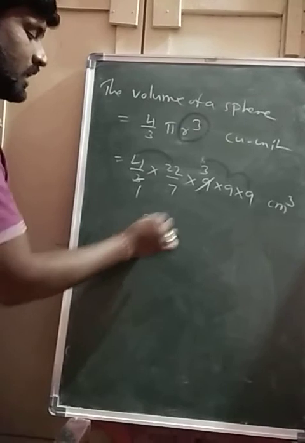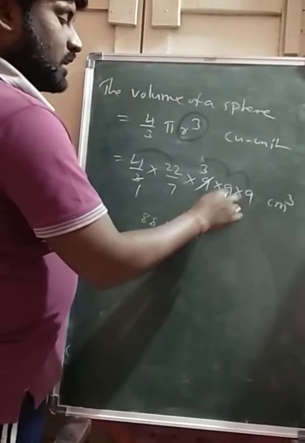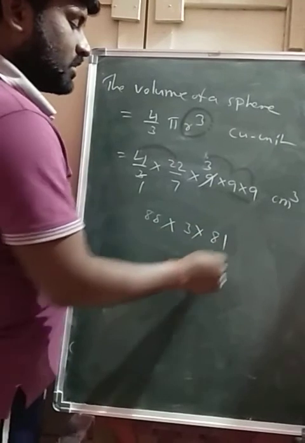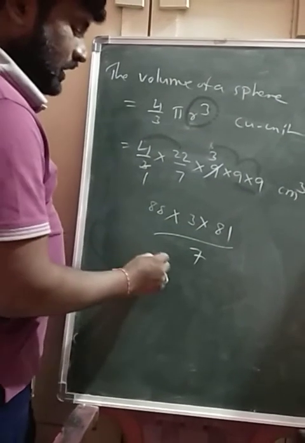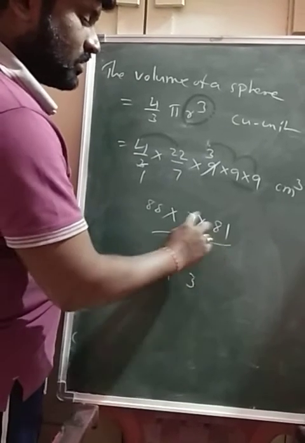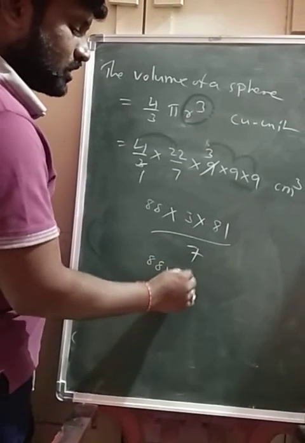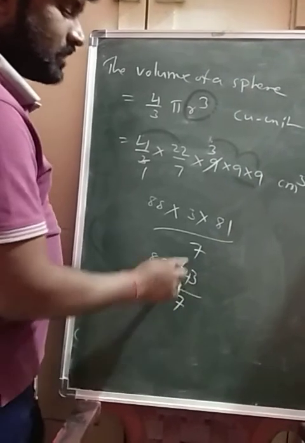That is 88 into 3 into 9 nines are what, Nana? 81 by 7. Now 88 into 3 into 81 means that is 3 ones are 3, 3 eights are 24. That is 243 by 7.